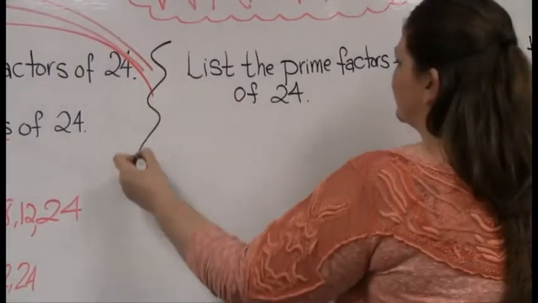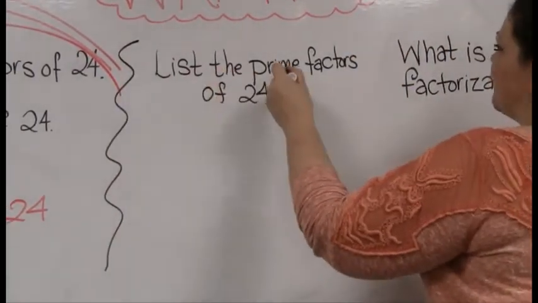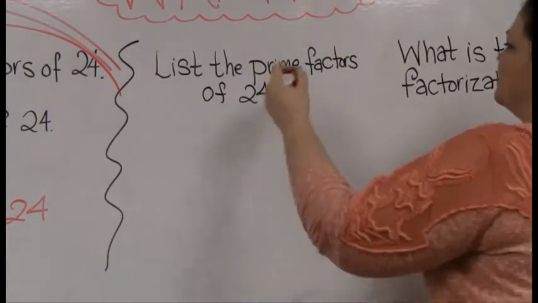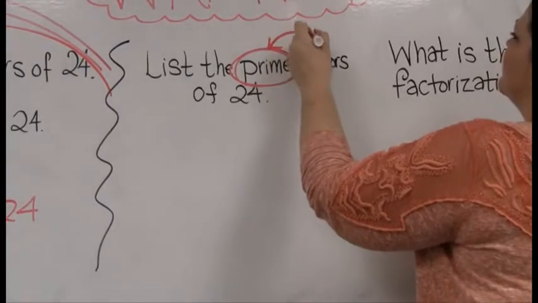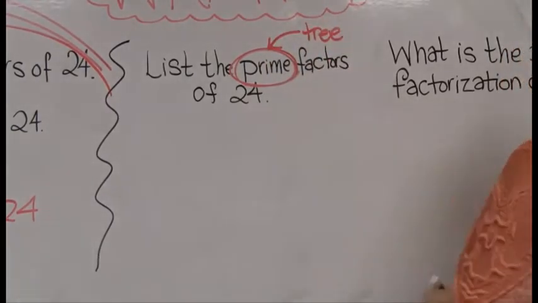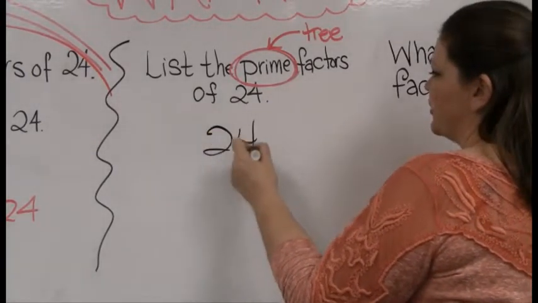Well, anytime you see the word prime in your problem, list the prime factors of 24, I'm not going to use a rainbow for prime. That word prime paired with factor gives me a clue that I need to use a tree. So I'm going to take a factor tree to 24.